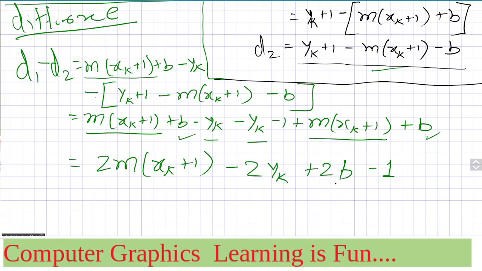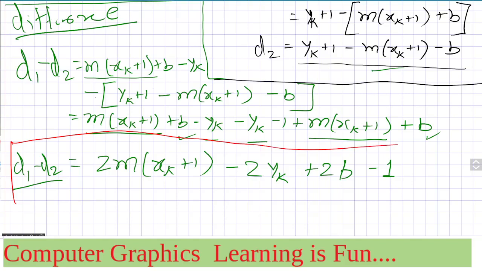So using this equation, this is d1 minus d2. Okay, d1 minus d2. This is what we have got here. Concentrate here. In this portion now, we have to understand that this will be considered as our decision parameter. Okay.